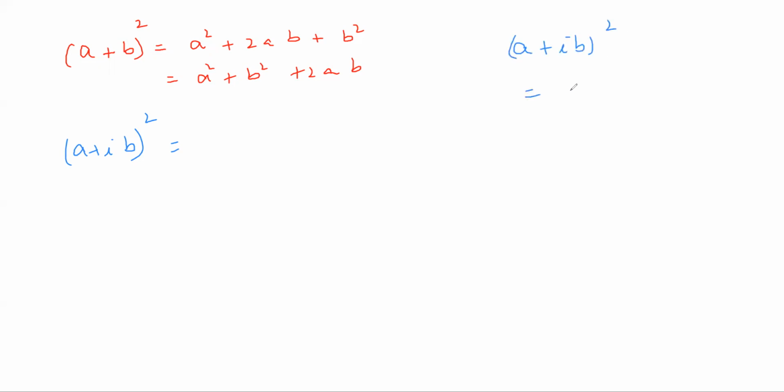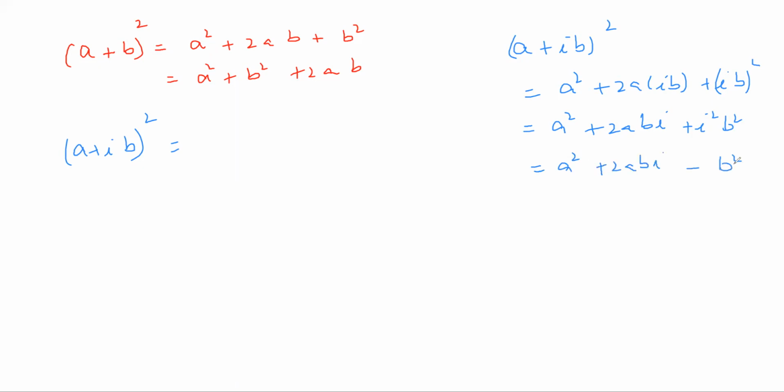So this is going to be a square plus 2a into iota b plus iota b square. So this is a square plus 2ab iota, and then plus iota square b square. And we know that iota square is minus 1. This is a square plus 2ab iota minus b square.